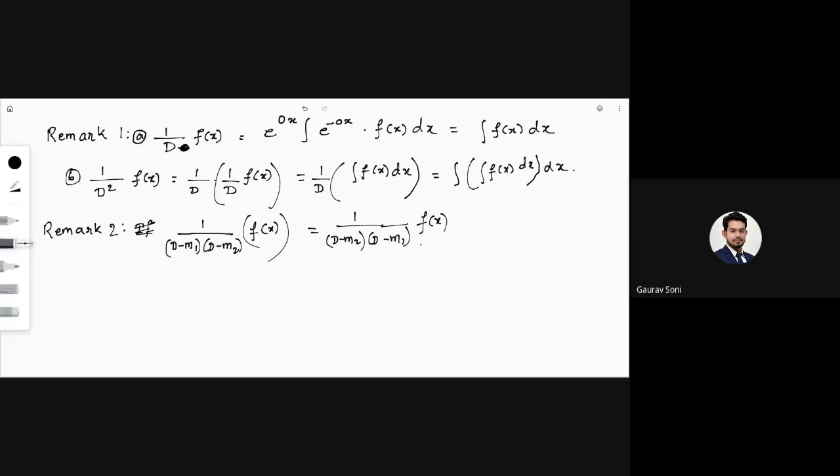So no matter which one you apply first, either D minus m1 first or D minus m2 first, the answer will remain the same.